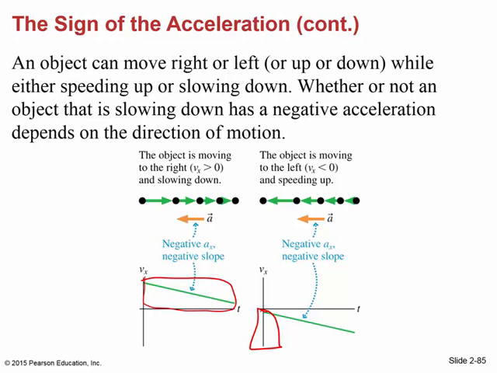You can have an object that is moving in the positive x direction but is slowing down. Therefore, it will have negative acceleration, but it's still going in the positive x direction. So you've got to be careful of that when you're looking at acceleration.